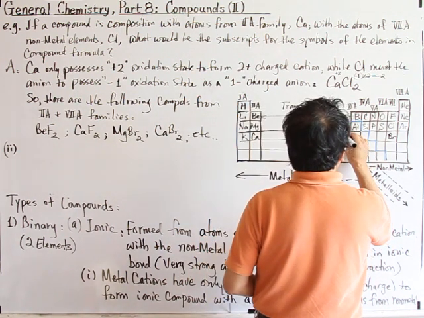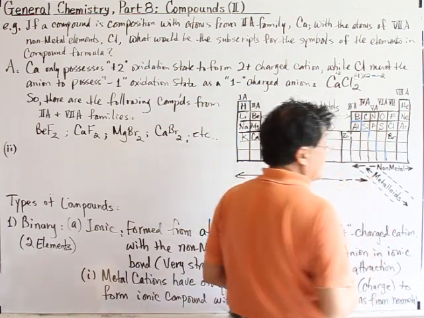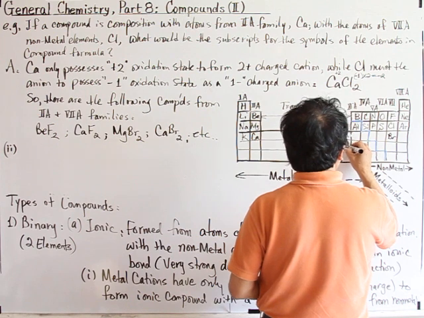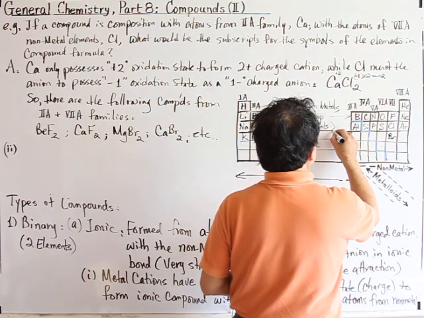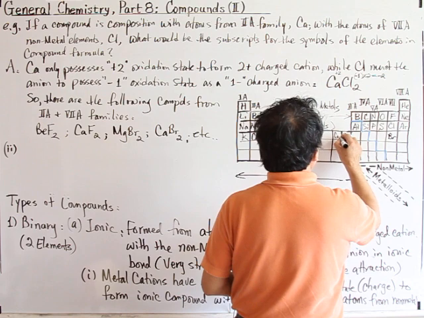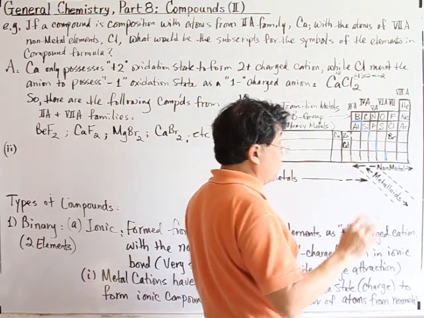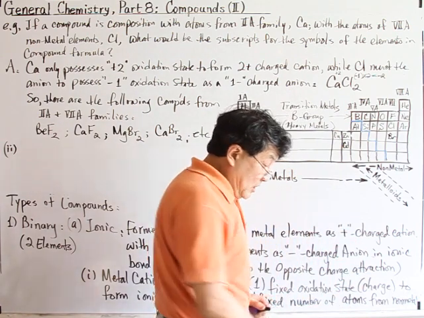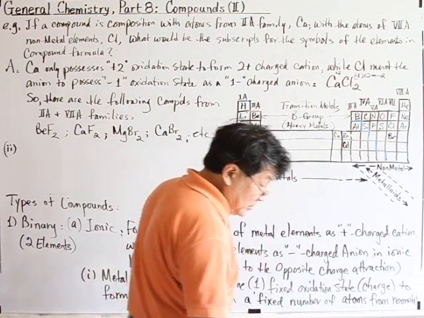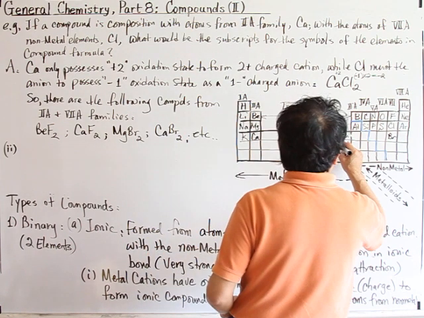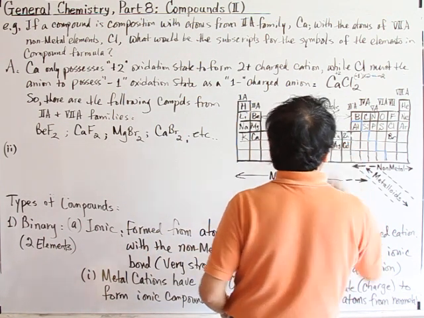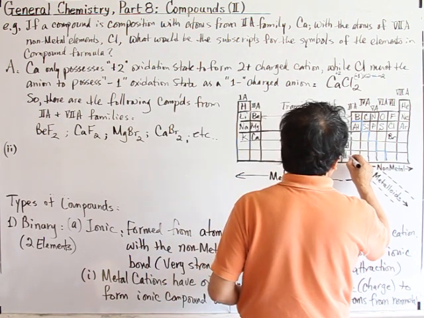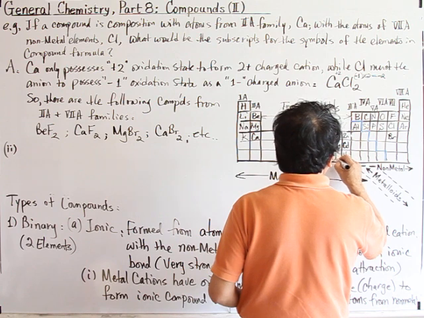Zinc has only one oxidation state, +2, and cadmium as well, +2. On this side, copper has 2 oxidation states, +1 and +2. So you have to deal with two charges. Then here's silver, only +1, and mercury and gold underneath the cadmium and silver.